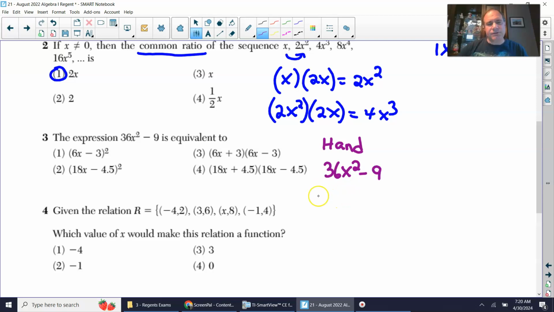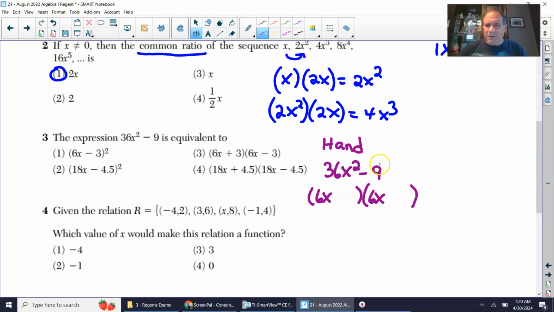Both of these numbers are perfect squares, right? And this is actually the difference of squares. So we're going to have here is 6x times 6x, because 6 times 6 equals 36. So 6x times 6x equals 36x squared.